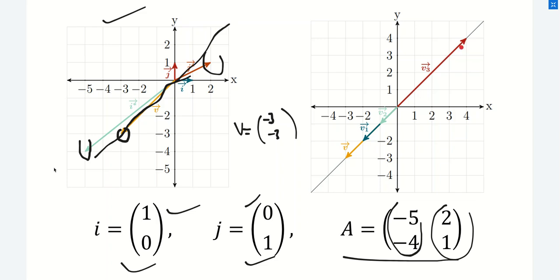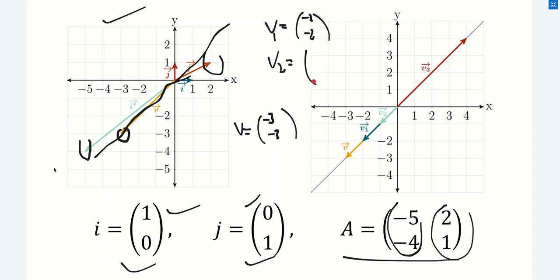Now, if you look at it, it has a span, a list of vectors. Here we have V1, V2, V3. Look at V1. What is the coordinate, or what is the vector? It is minus 2, minus 2. Now let's look at V2.